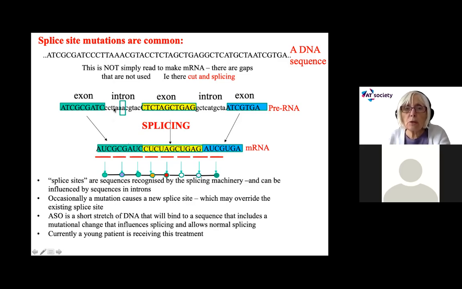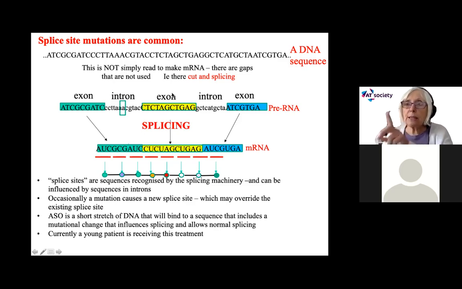So these things are quite large. Splicing mutations, because of the complexity, are actually quite common in AT. My understanding is that they can contribute to up to 50% of the mutations that arise in individuals.